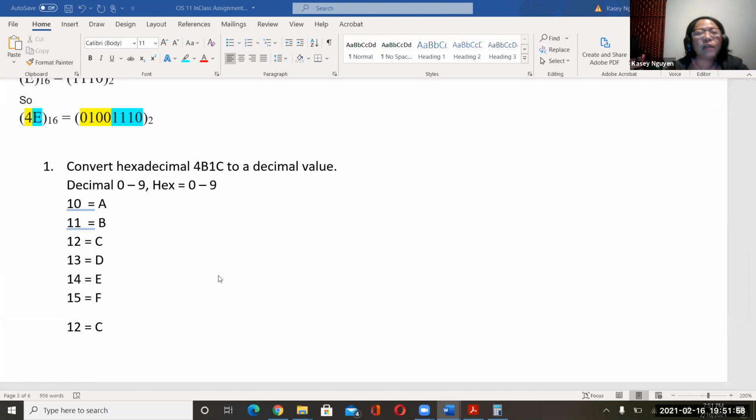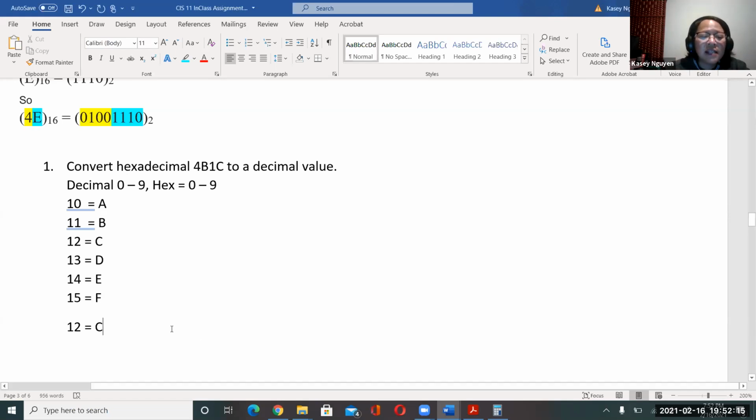So when you're working with programming HTML, the color code, you would see that it has numbers and letters. The 0 through 9, and it goes to F, and that's your hex.